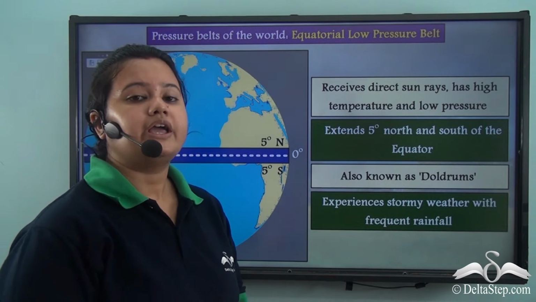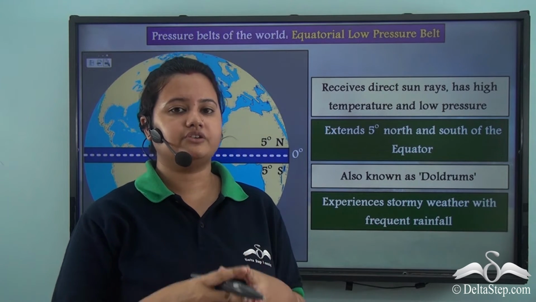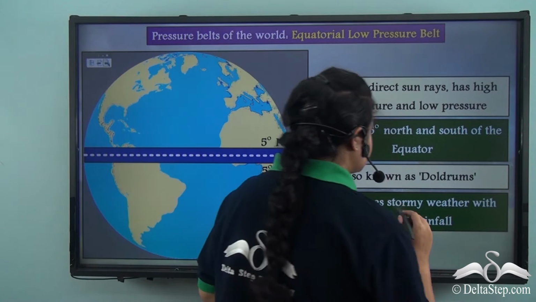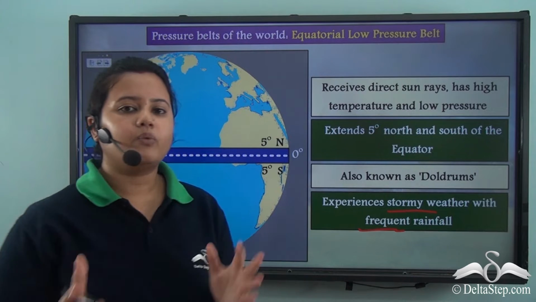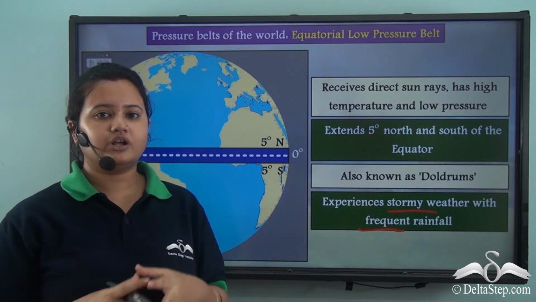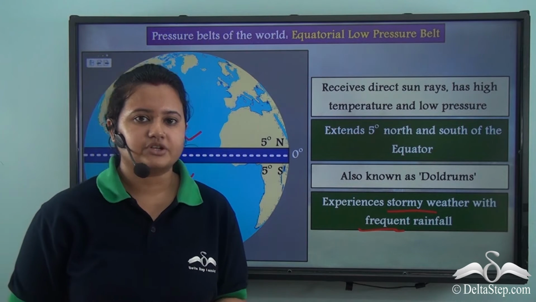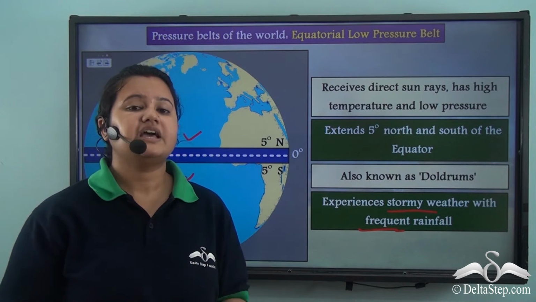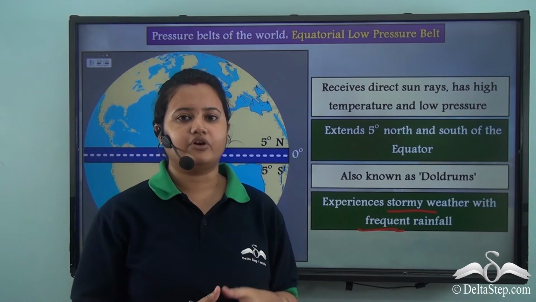Now, although the equatorial low pressure belt is a calm low pressure region, this region experiences stormy weather with frequent rainfall. Now, why is this the case? This is because in the equatorial region many water bodies are found, and as winds blow over these water bodies, they pick up moisture and cause frequent rainfall.